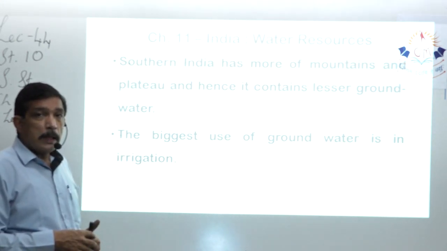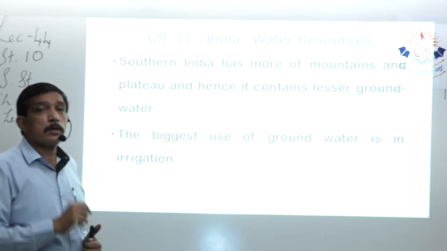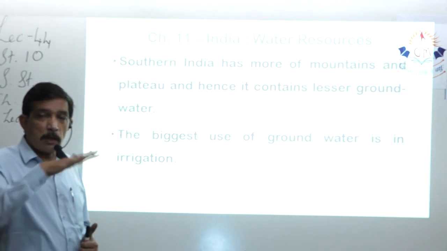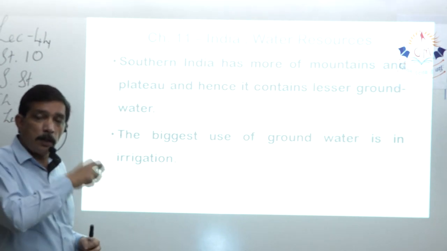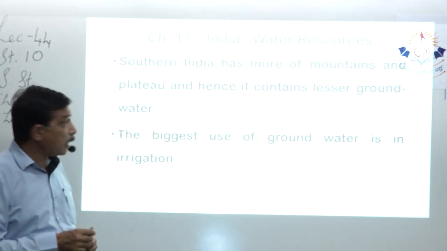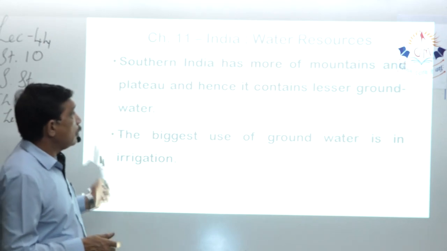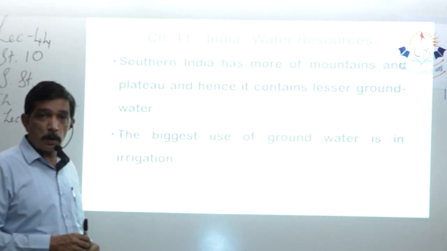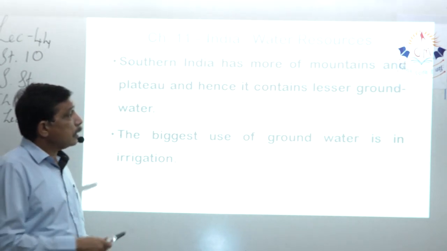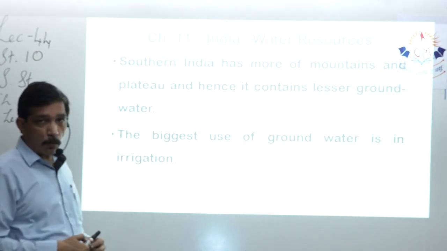So they have more surface water. That means they have lots of depressions where there are lots of lakes and ponds, and rivers, Western Ghat rivers flowing over there. So they do not have too much groundwater compared to the northern plains, so they contain lesser groundwater.